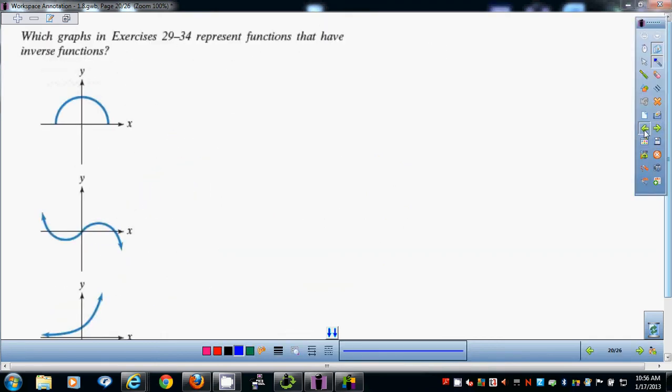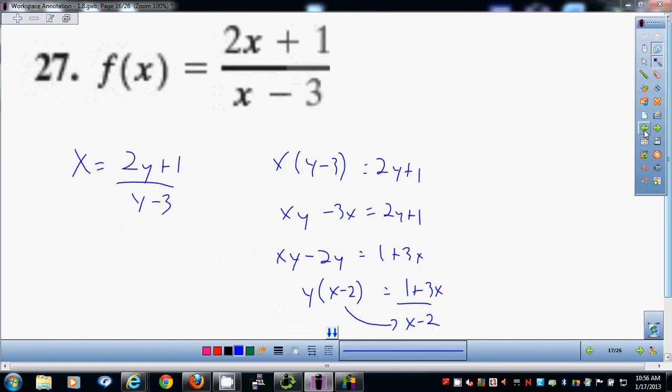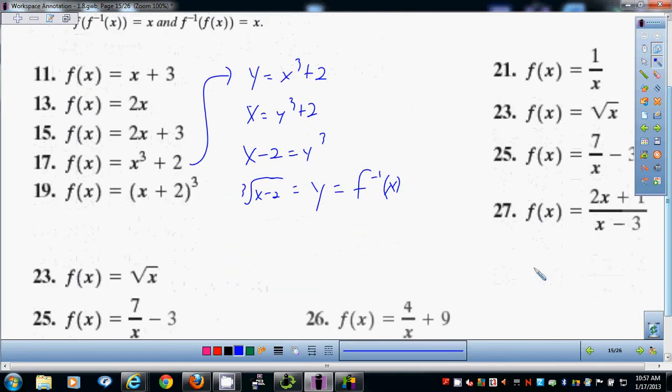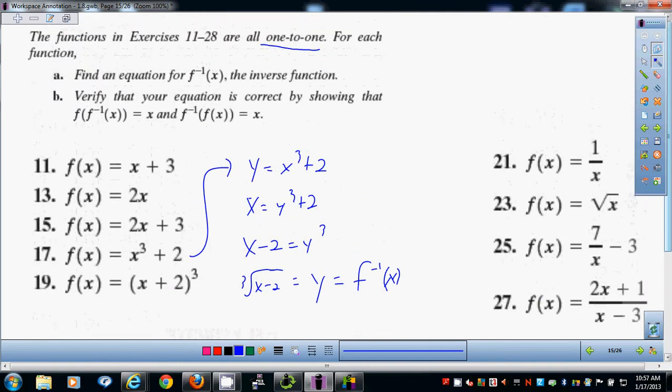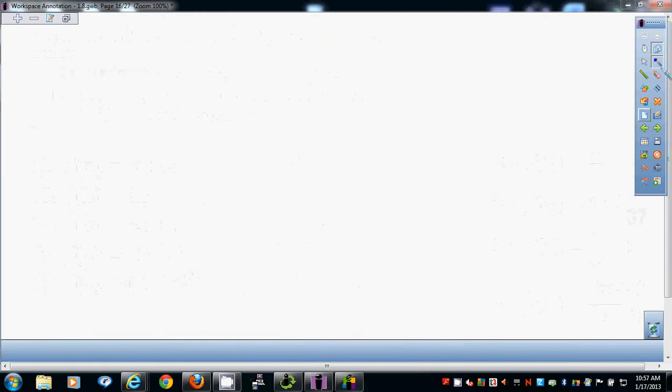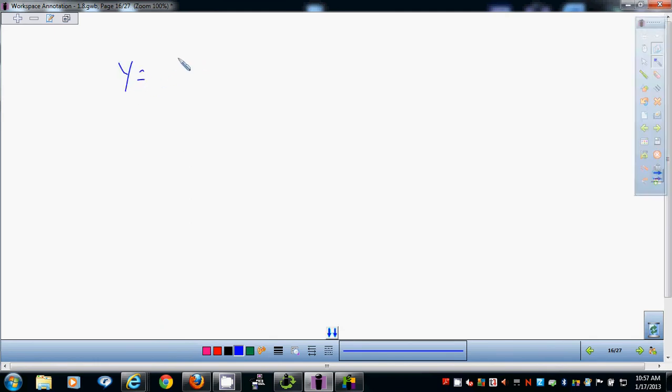Let's see. How about, well, this is going to be ugly because I'm making it up, but whatever. Absolutely. Try to find the inverse of that function.